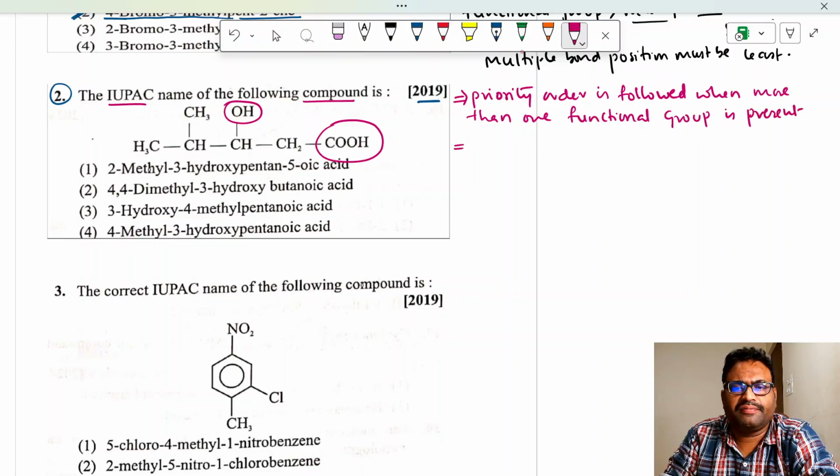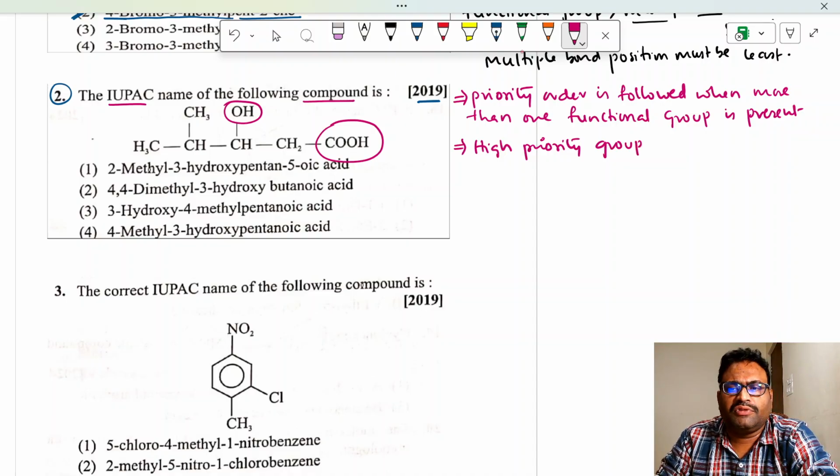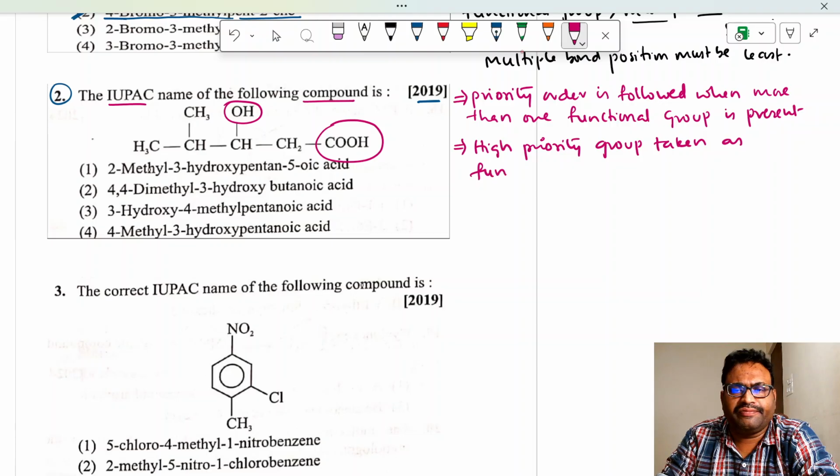The high priority group is considered as the functional group, taken as functional group, and it is written under secondary suffix.